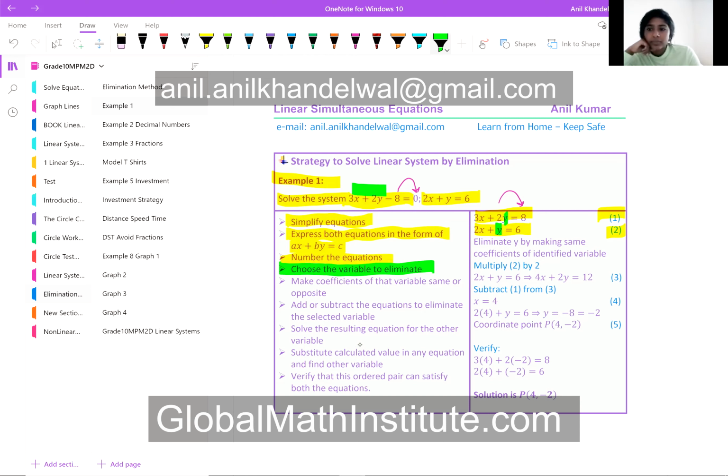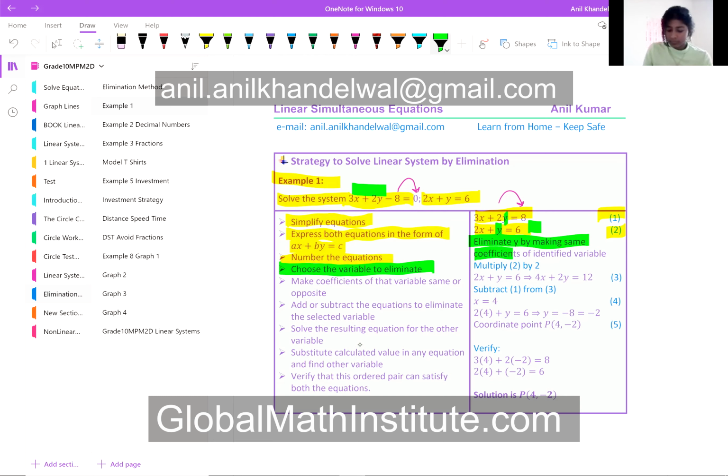That's the key. Avoid fractions. Keep it simple. So in this particular case, we selected equation number 2, and in case we want to eliminate y, which we should, we need to multiply equation number 2 by 2, right?